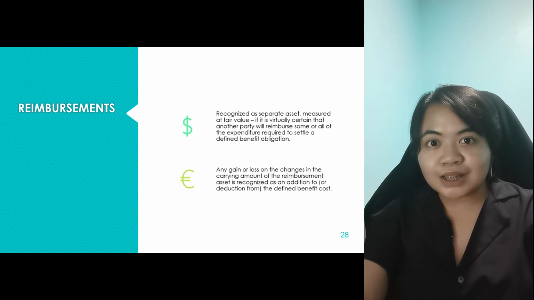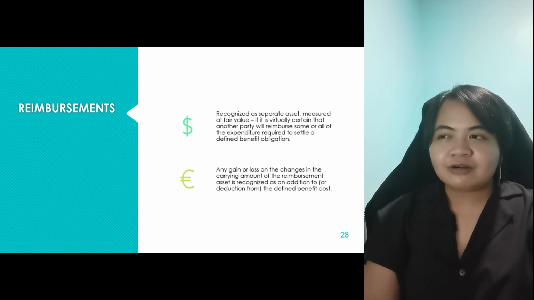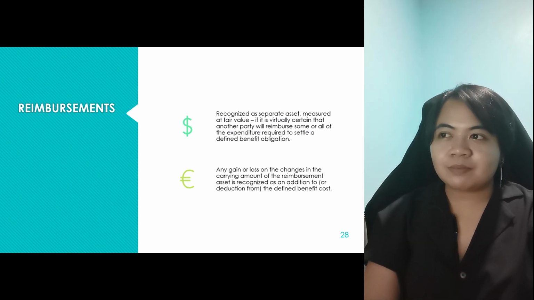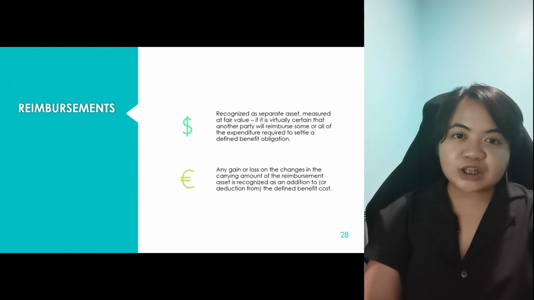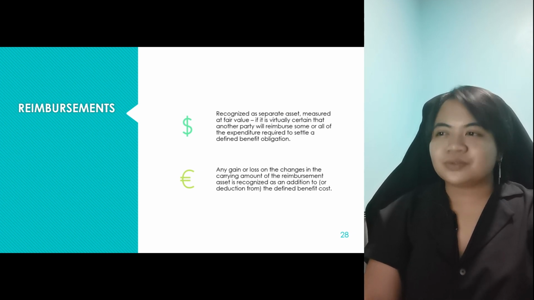If there is a third party, that is the condition: virtually certain that someone will cover the reimbursement for the DBO you give. Any gain or loss on changes in the carrying amount of the reimbursement is recognized as an addition or deduction from the defined benefit cost. So it is part of the remeasurements. Okay?